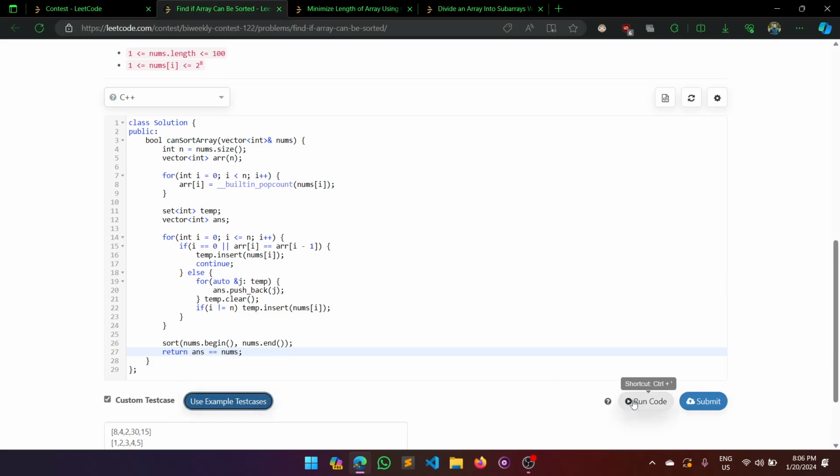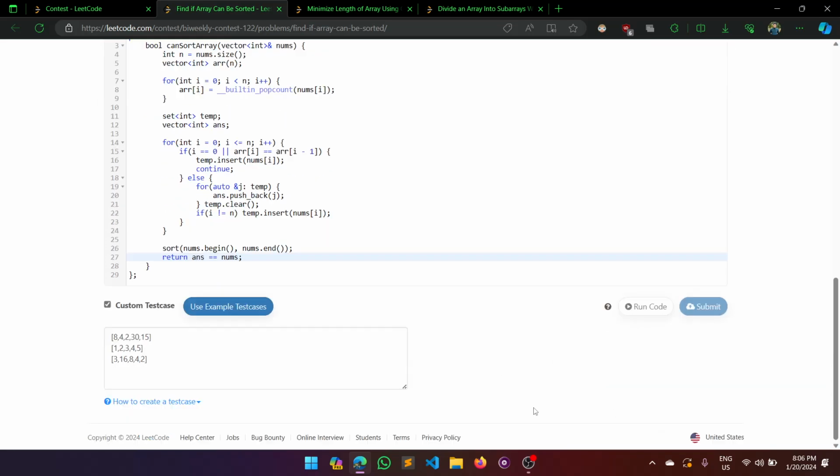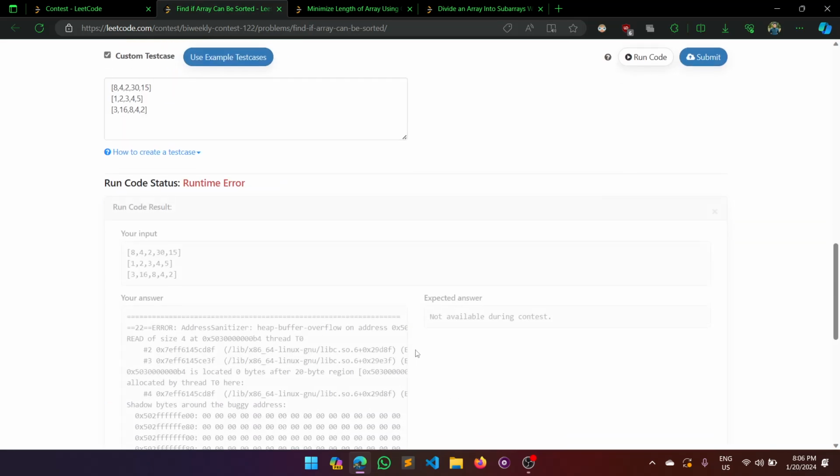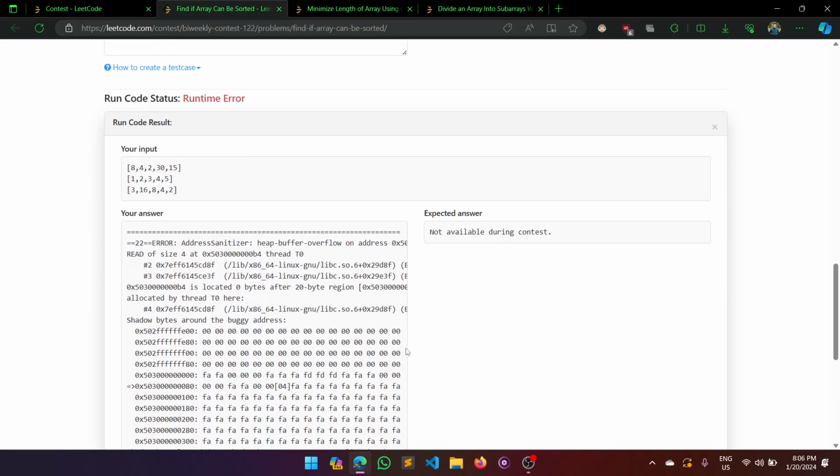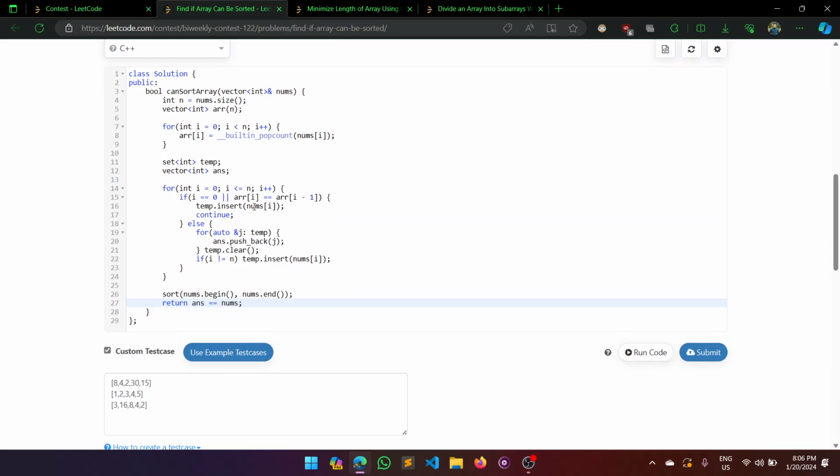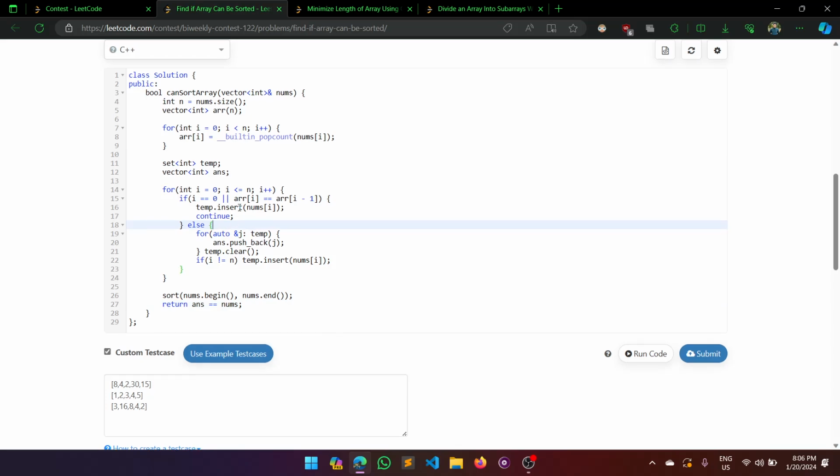Check if answer is equal to nums. Looks correct to me. Let's see. It says heap overflow. Somewhere we're missing something. If it's not equal, then first we are pushing that into answer, right?